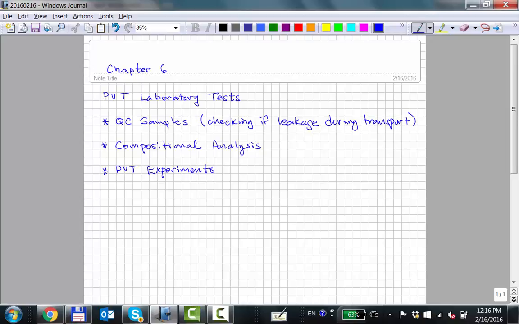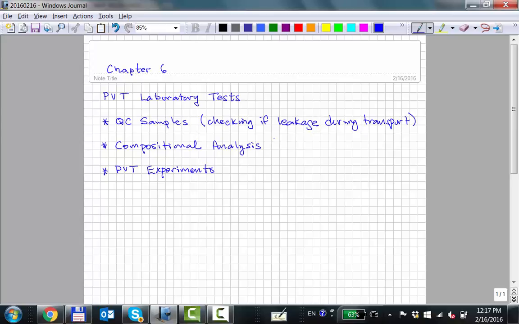So the second thing, once they have a sample or container or samples that they feel are non-leak samples that represent what were actually collected in the field, then they'll start by doing some kind of compositional analysis to get an idea of what was in the samples. In particular, they will look for the amounts of methane, ethane, non-hydrocarbons, nitrogen, CO2, and if you're not lucky, H2S, and all the various compounds and the amounts of those compounds.